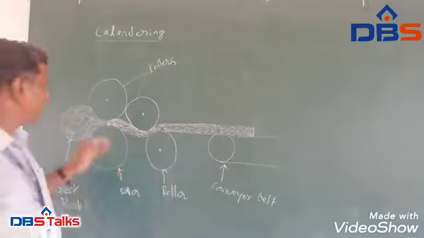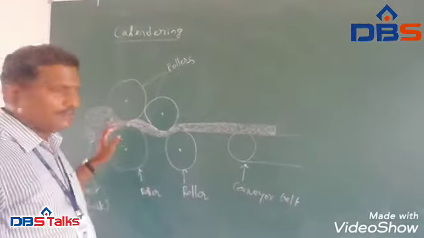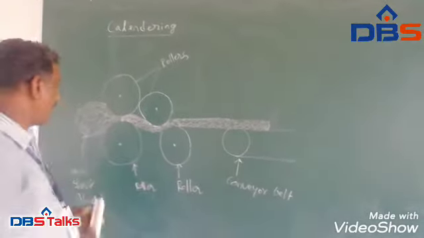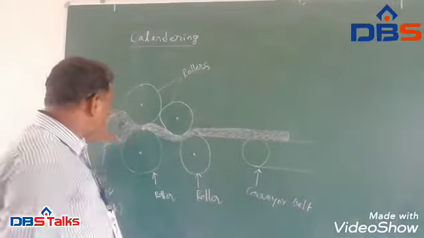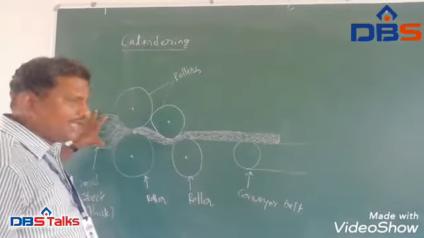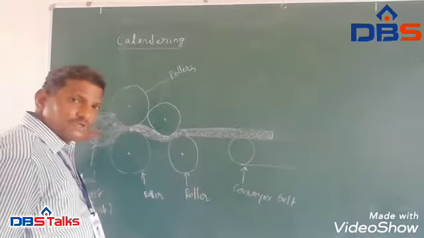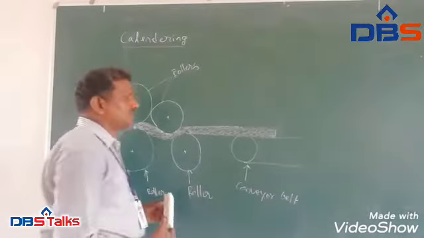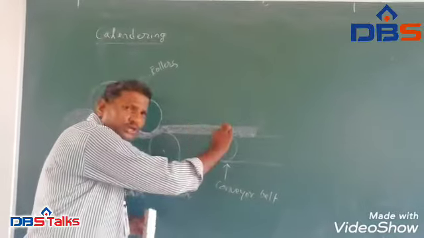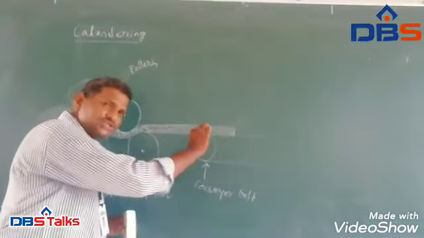By using any other available technologies, we will produce a large thickness sheet, and from this larger hard surface sheet we are going to produce a thin, smooth, flat sheet.